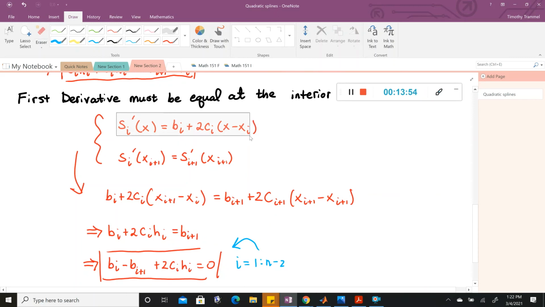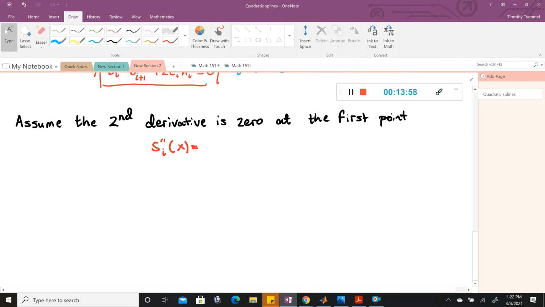All we're going to be left with is 2c sub i. And so we're only assuming that the second derivative is 0 at the first point. So this implies that c1 is 0.